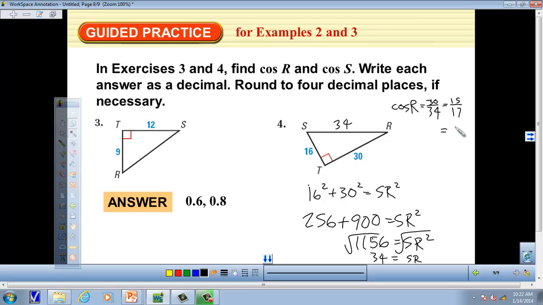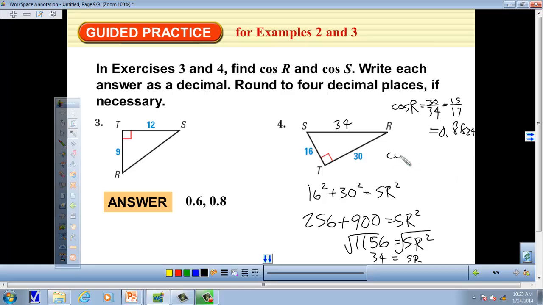And 15 divided by 17, by the way, this is another Pythagorean triple. I believe it's 8, 15, 17, but not one you need to remember. That gives me 0.8824.